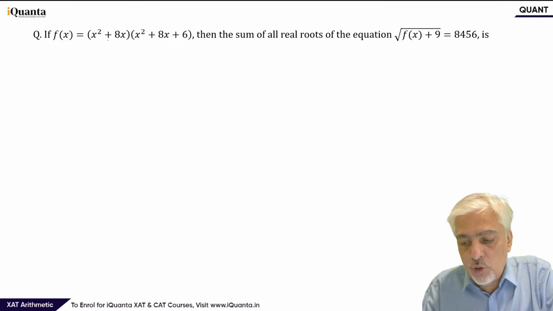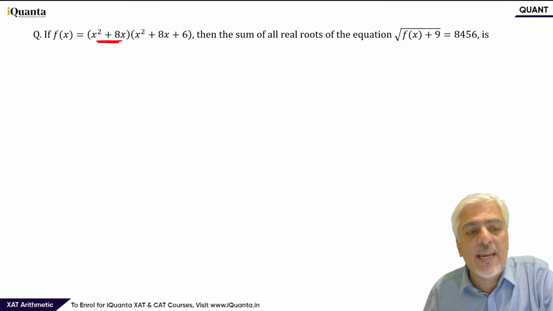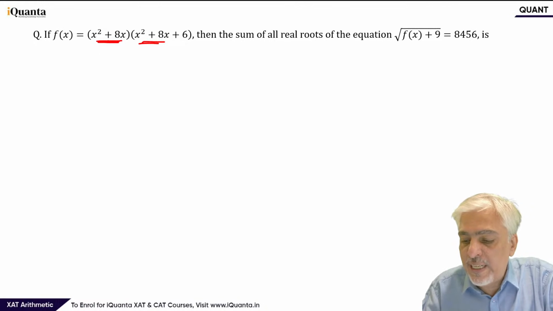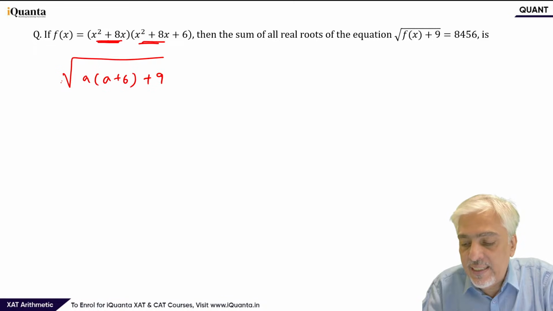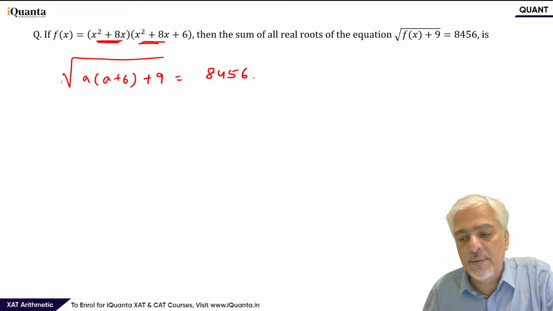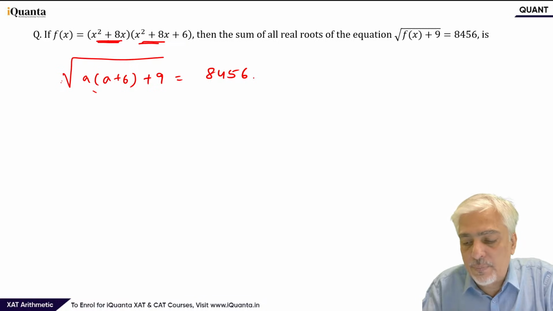If I take this as a, let x square plus 8x be a. Then x square plus 8x is a, so the second bracket becomes a plus 6. Pay attention carefully, everybody. Which means my question will become root of a into a plus 6 plus 9 is 8456. Okay. Now, what will this bracket become?